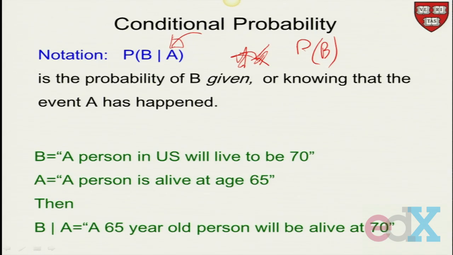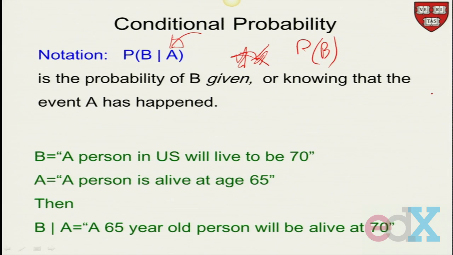So, for example, let's go back to our US life table and ask this question. Let's say that the event B is that a person in the US will live to be 70, and the event A is that the person is alive at age 65.